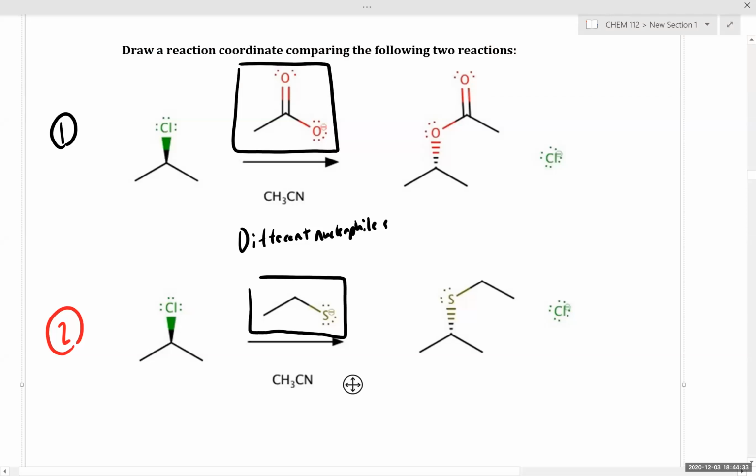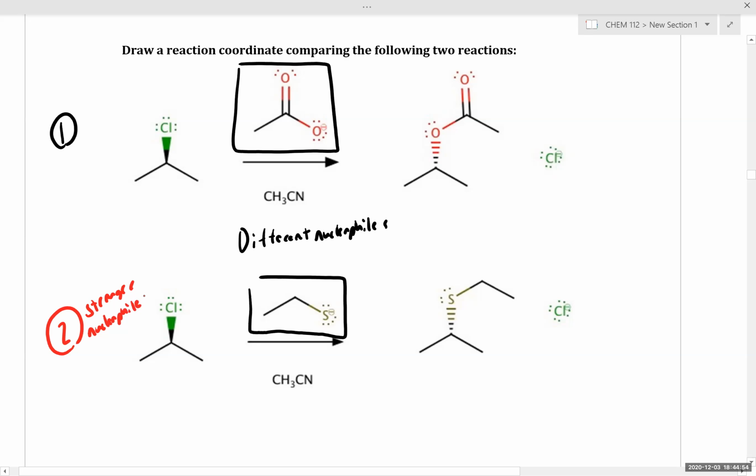What does the rest of the class think? Let's try to get some discussion here, as this is a really important point. Does everyone agree or disagree? So we have tentatively that we think this second nucleophile is the stronger nucleophile.